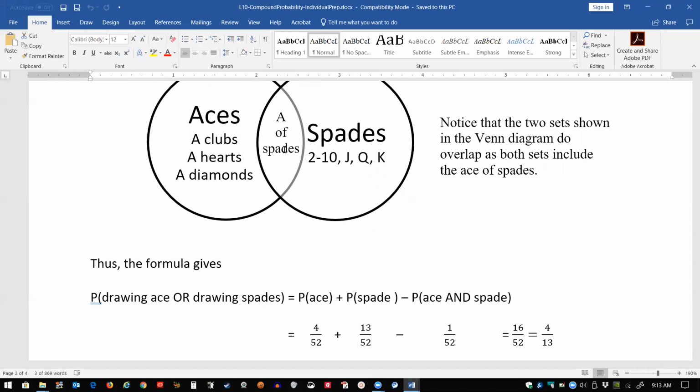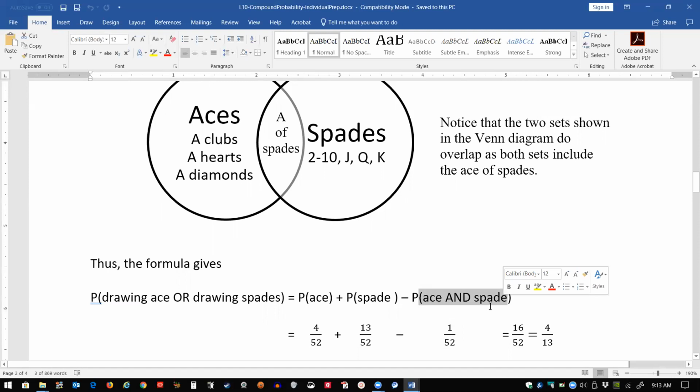So in order to compensate so that we only count that ace of spades once, that's where this subtraction term comes into play. And that's just the probability that I draw a card that's both an ace and a spade. The probability that I have this overlapping spot, right?